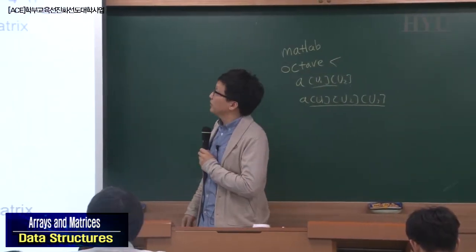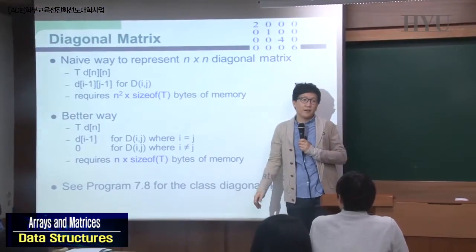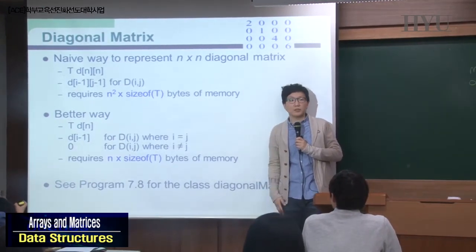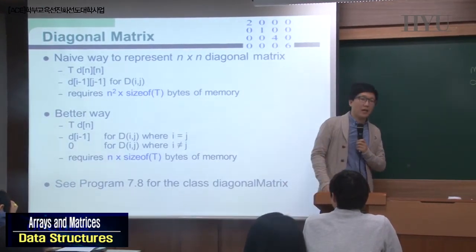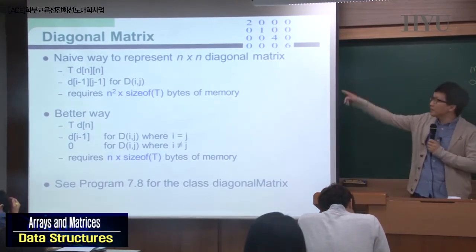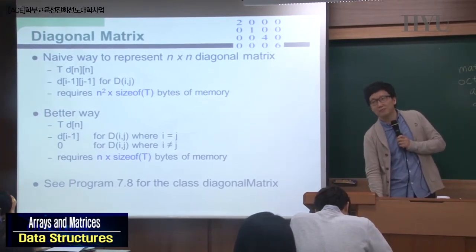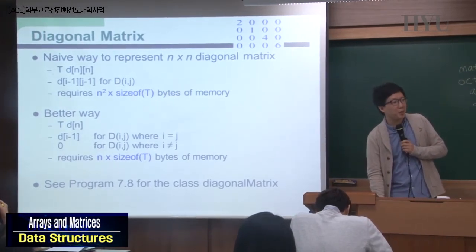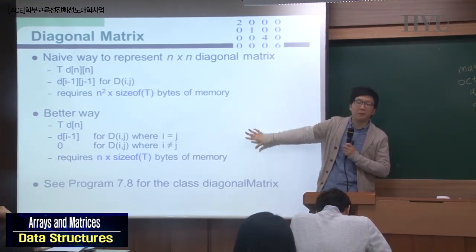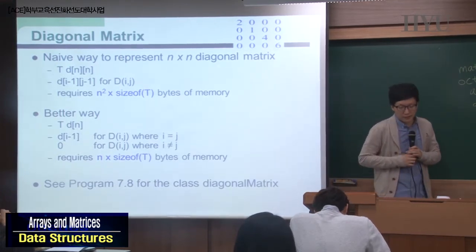If you do a diagonal matrix, you only need to store this. So that's n. If this is also an integer matrix, 4 bytes, n times 4, so it's much less. N times less than the naive way of implementing a diagonal matrix. Naive way means a rough, careless way. So you see the space complexity of these two approaches for the special diagonal matrices.